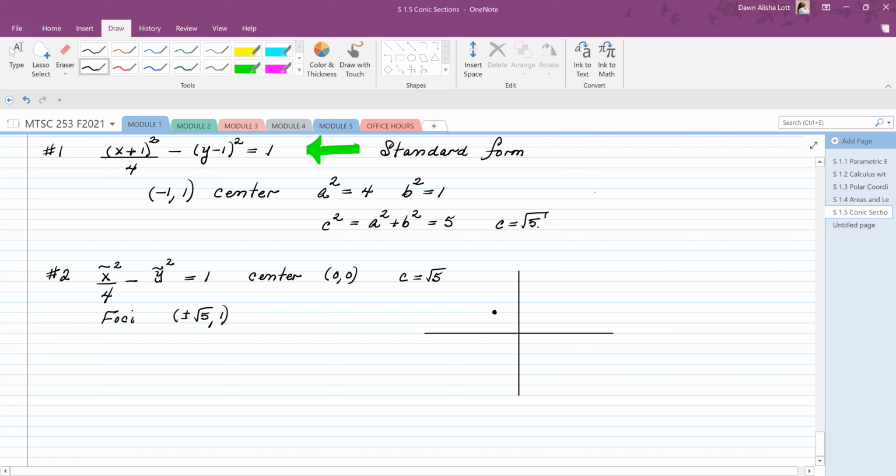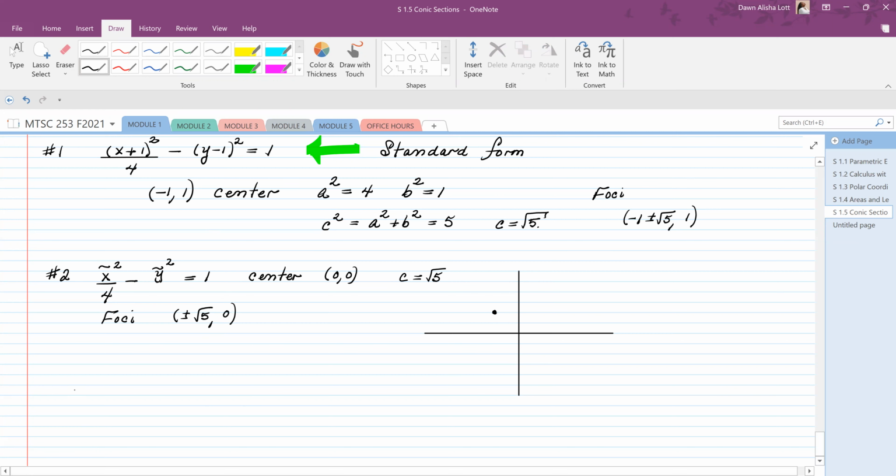So they are at negative 1 plus or minus the square root of 5, 1. So they shift. And this one is actually a 0.